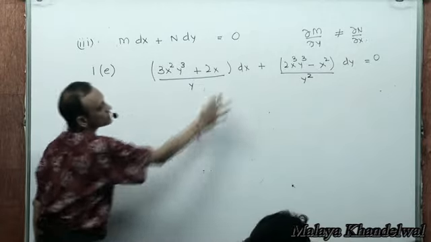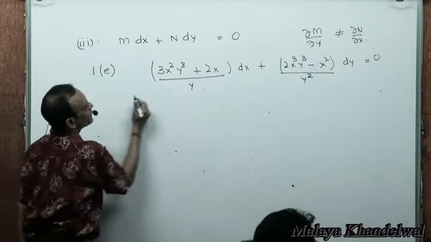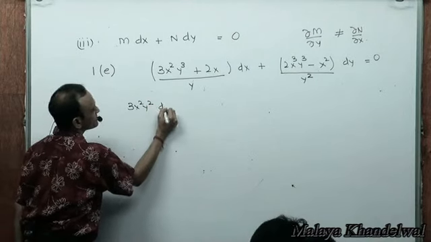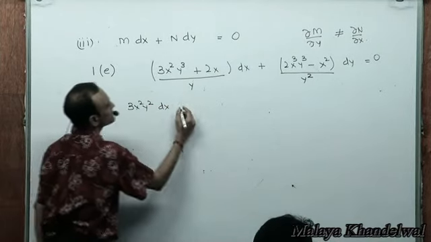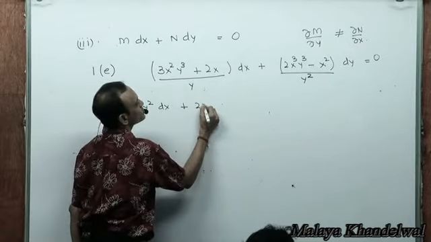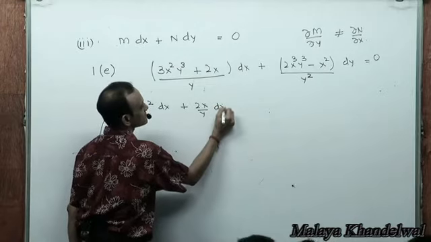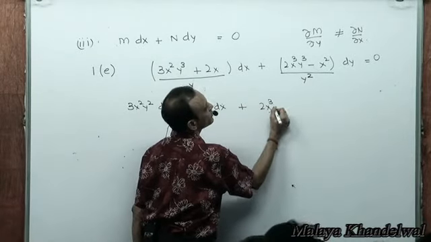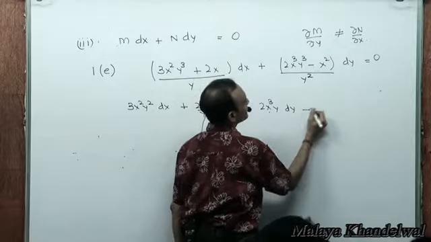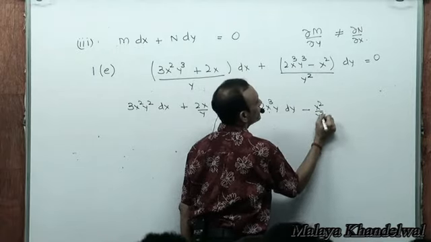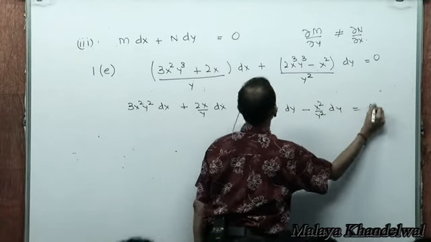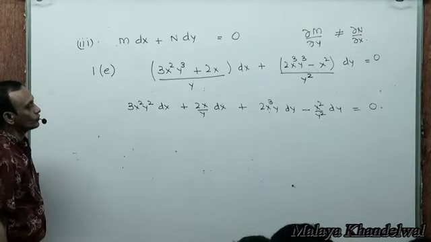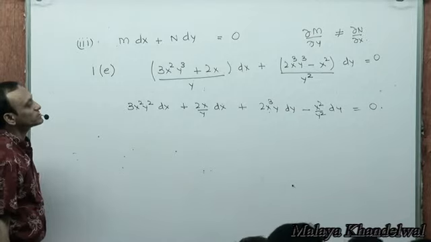Now when I divide, I get 3x squared y squared dx plus 2x by y dx plus 2x cubed y dy minus x squared by y squared dy equal to 0. Yes or no?